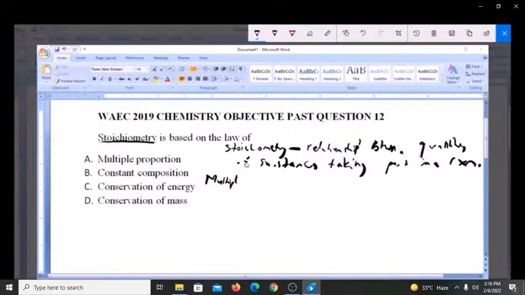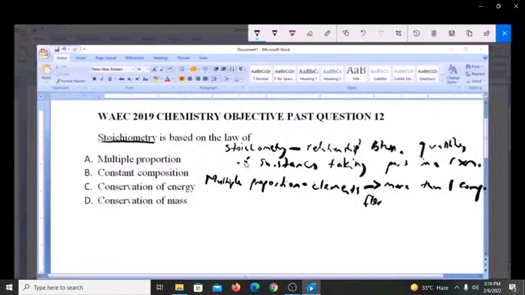So multiple proportion states that if two or more elements form more than one chemical compound, the ratio of the masses of the second element, which is element 2, and a fixed mass of element 1 will always be ratios of small numbers.